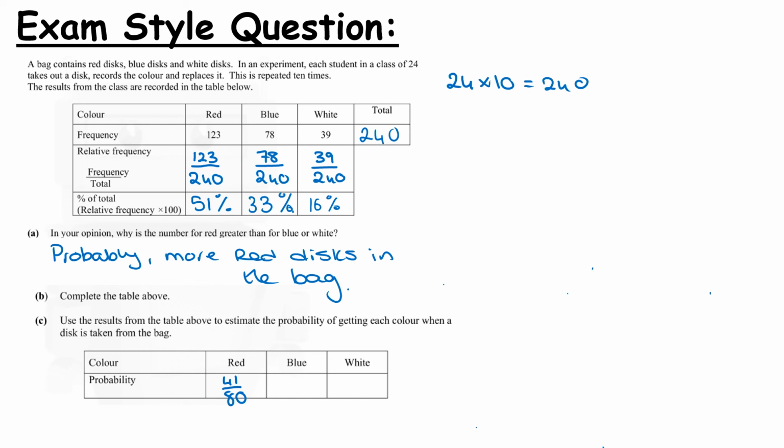The other one is 78 out of 240, and that's 13 out of 40. And the last one is 39 out of 240, which is 13 out of 80. So these are just these numbers simplified. I simplified them by putting them into my calculator and pressing equals. When you put a fraction into your calculator, it will always give it back to you in its simplest form.